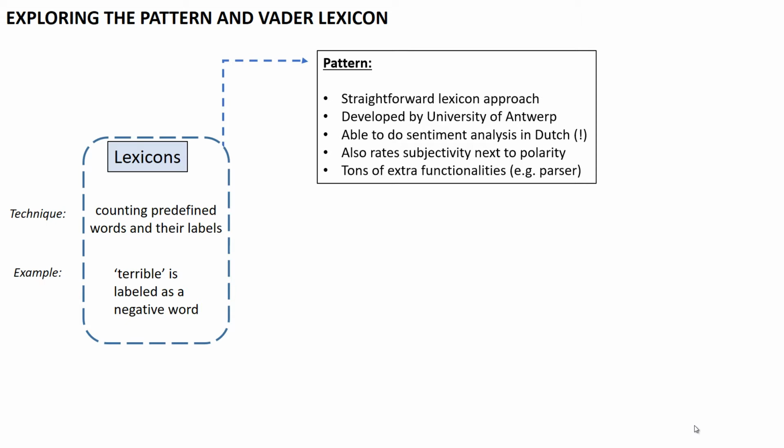A subjectivity score in pattern is used to differentiate between texts that are factual or express opinion. And next to the sentiment analysis, pattern also has a ton of extra functionalities. For example, you can parse text and perform lemmatization with pattern.